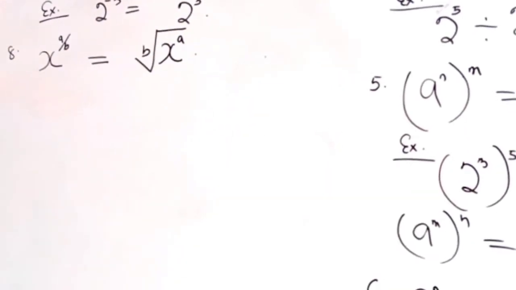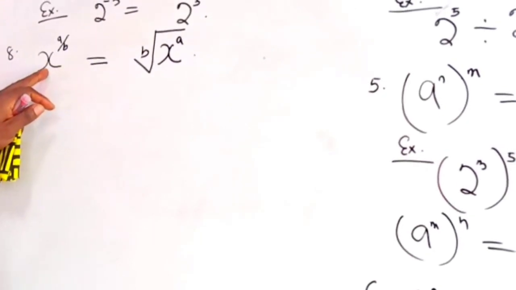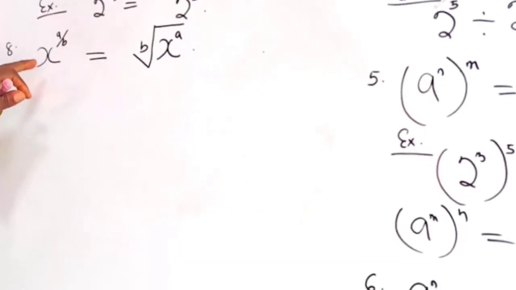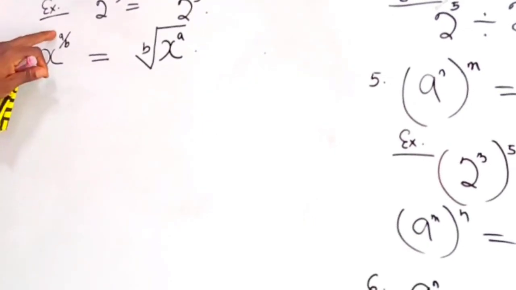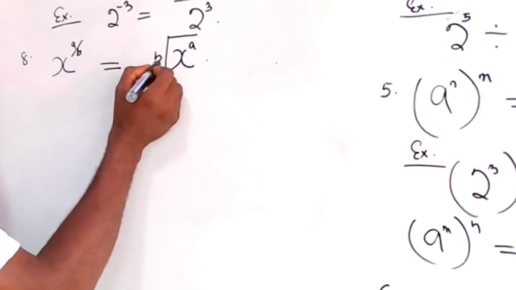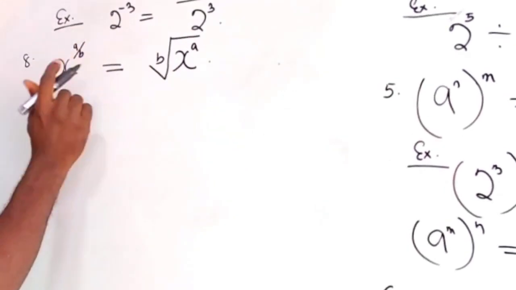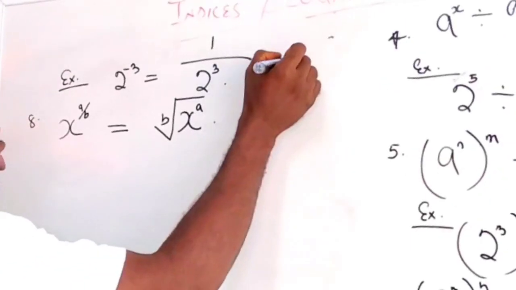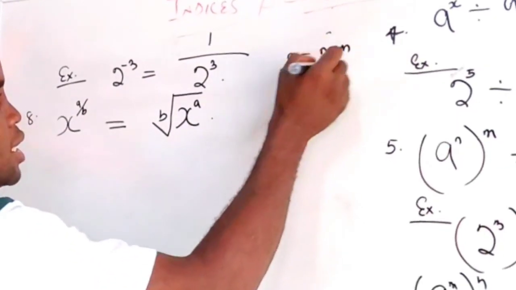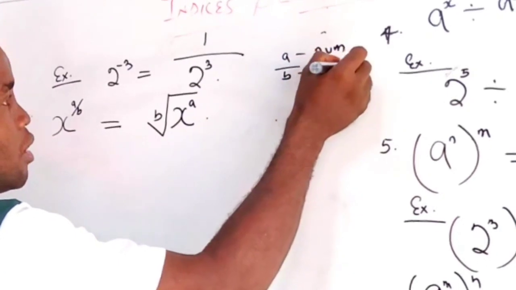If you have this very equation, x raised to power a all over b, the law of indices says take the numerator, because in fraction you remember you have a all over b. This is the numerator and this is the denominator.